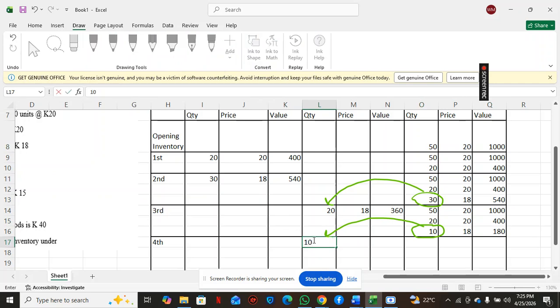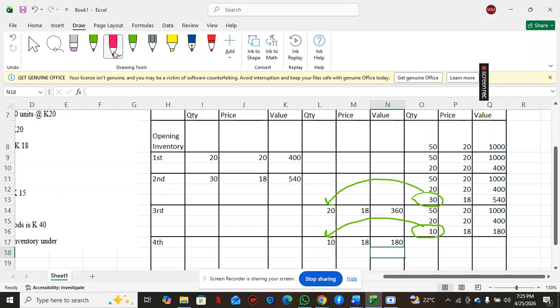Under quantity, you put 10 spare parts which are sold. These 10 spare parts cost 18 kwacha each, so the total cost of these 10 spare parts that have been sold is 180 kwacha.